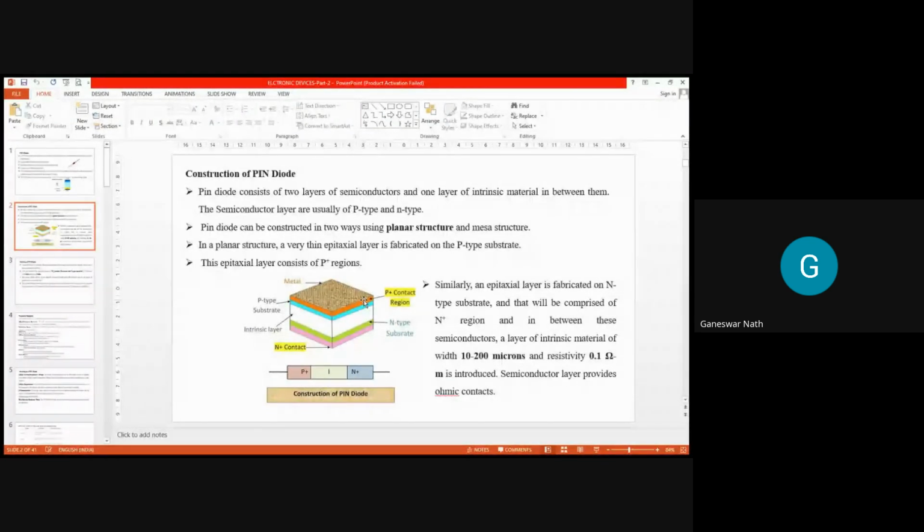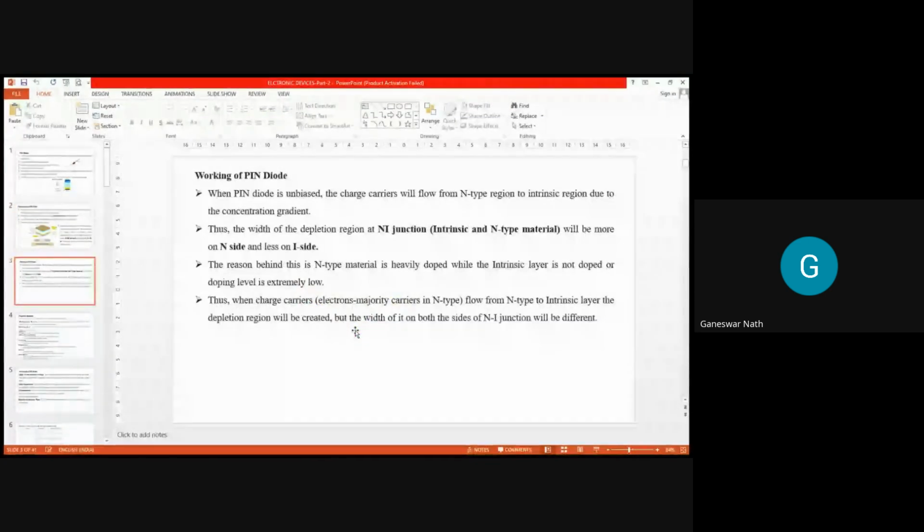Similarly, the charge carrier will flow from the P plus region to the intrinsic, that is the PI depletion region, and this is called the NI intrinsic region. So within these intrinsic regions, there is a combination of the charge carriers, and finally that will constitute the diode current actually. Okay.